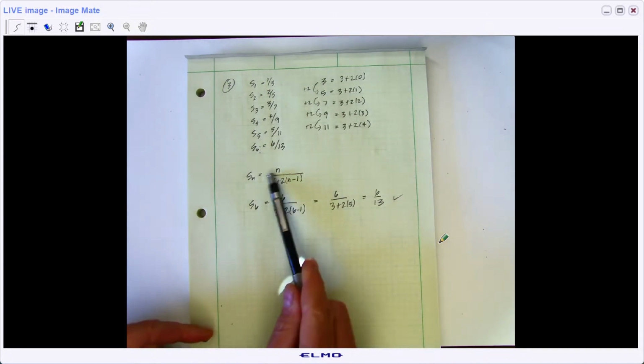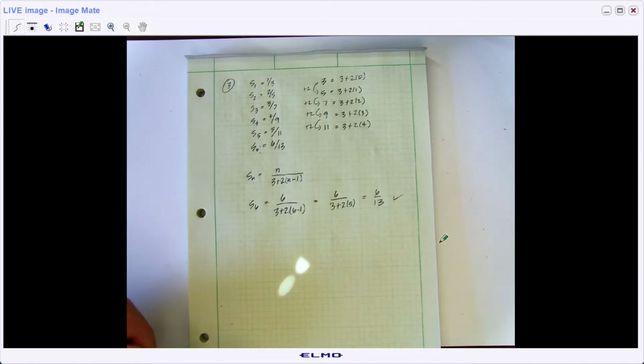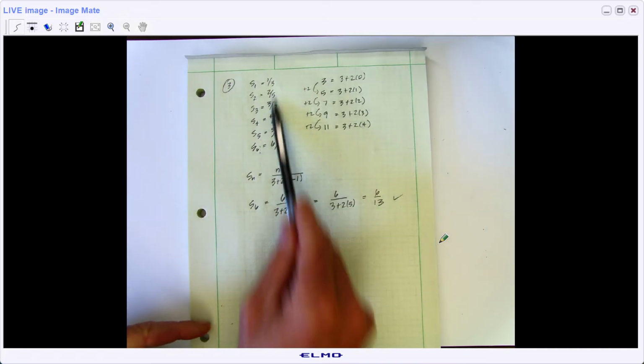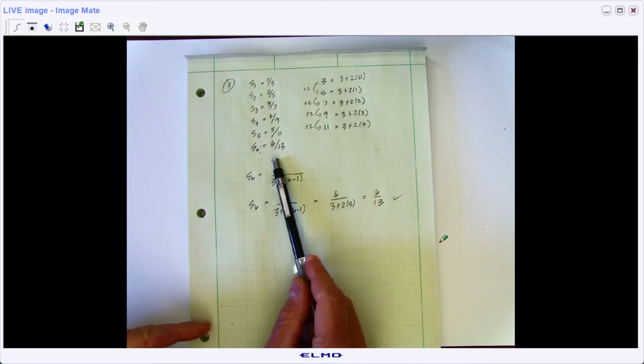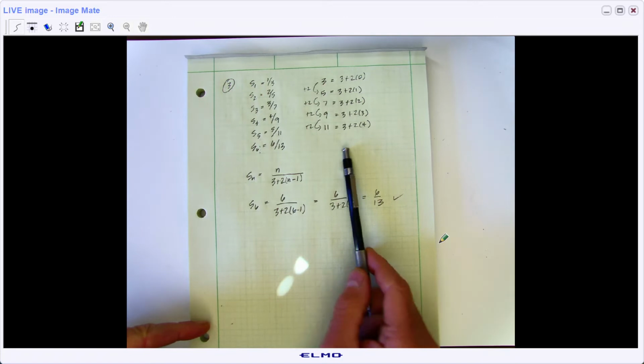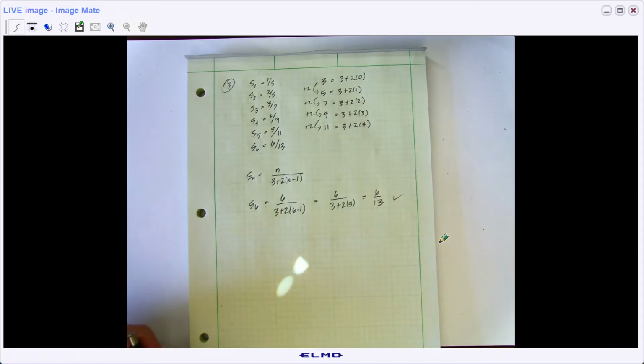The n is the index, a position. And the way that we often do it is we look for patterns in the sequence, or rewrite the sequence in terms of jumps, and try to figure out how many jumps there are and relate those jumps to the indexes attached. So I hope that gives you a good start.